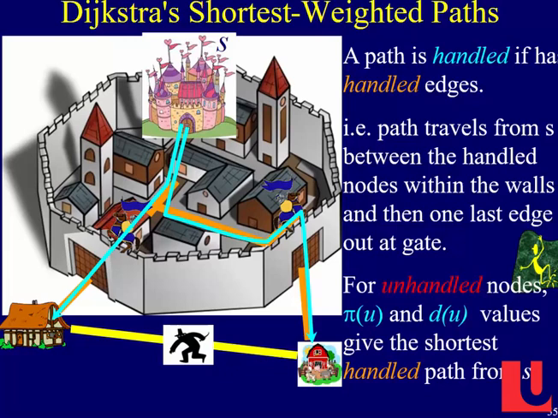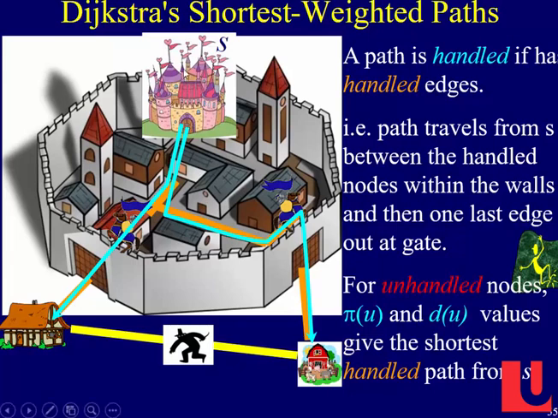And now, the unhandled nodes. We already said it's true for the nodes in the walls. We have the best answer, and they're within the walls. So we're going to have a pi and a d value for the people outside the walls. The d value is going to be the length of the shortest handled path, and the pi value is going to tell you who the parent is in that path, to trace it back.